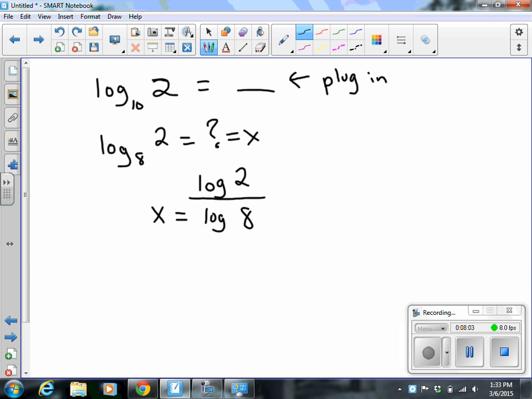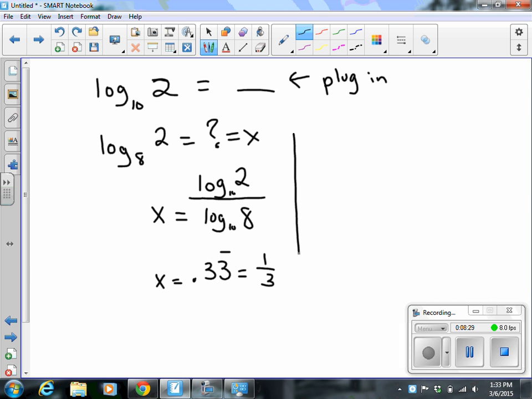Notice that the bases here are the same. The bases are both 10. So with this being said, I can now plug this into my calculator and actually divide it. So the log of 2 divided by the log of 8 is 0.3 repeated, aka 1/3.